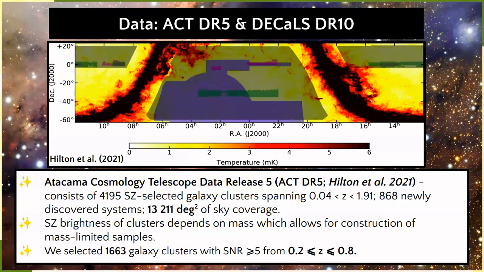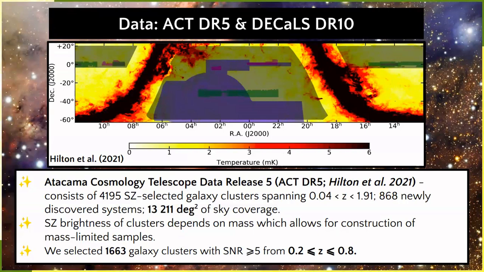ACT was a 6-meter millimeter wave telescope located on Cerro Toco in the Atacama Desert in Chile. And it was optimized for measuring angular power spectra and clusters via the thermal Sunyaev-Zel'dovich effect, or TSZ for short.